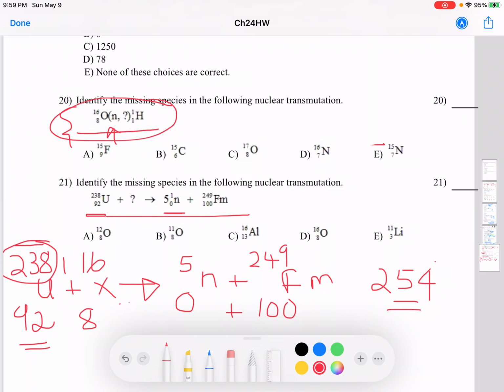When you add these two together, 238 and 16, it should equal these two numbers collected. So you find the one that will give you 16 mass number and 8 protons for the charge. Okay, that's how you do it.